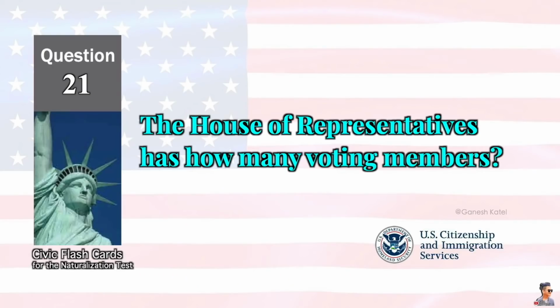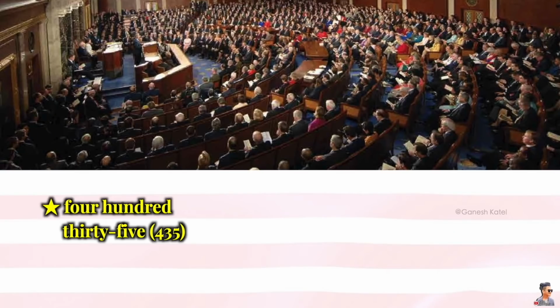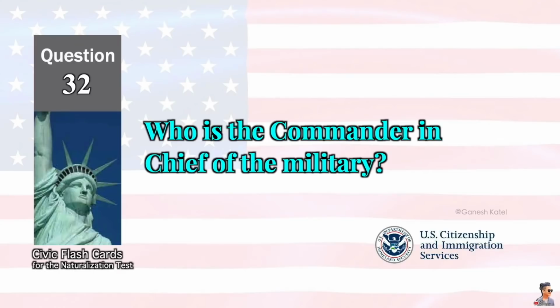The House of Representatives has how many voting members? 435. Who is the Commander-in-Chief of the military? The President.